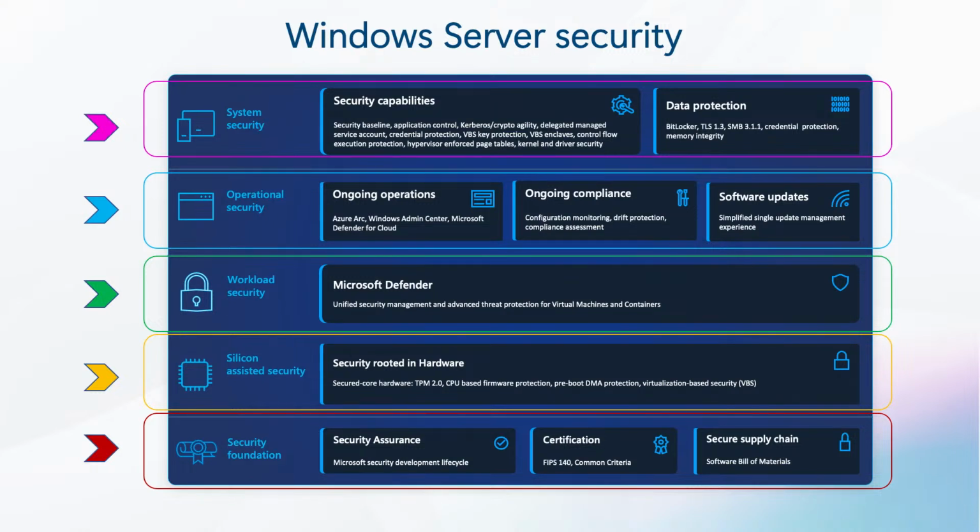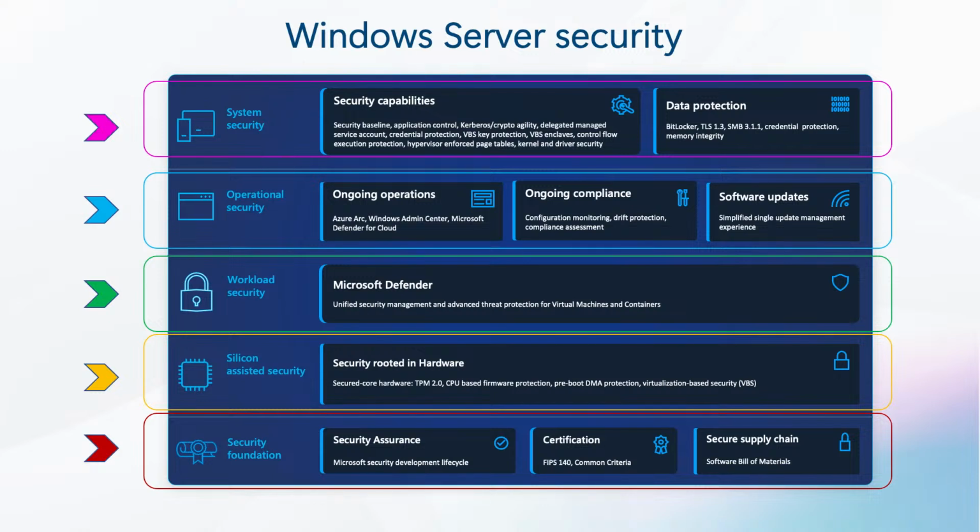And with drift protection capability, you have the ability to automatically move the system back to a golden state, even as the system configuration tends to drift over time. And with Microsoft Defender for Cloud, you can continuously monitor your Windows Server. You can get security alerts and take remediation actions. With Microsoft Sentinel, you can do advanced threat hunting.